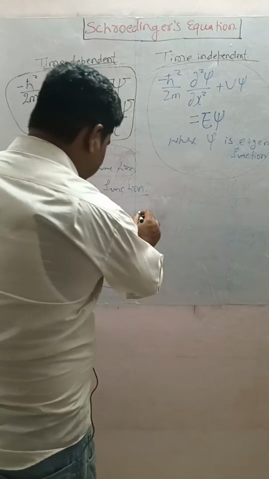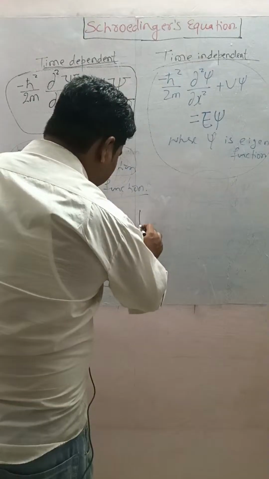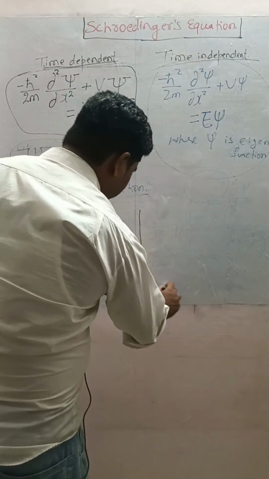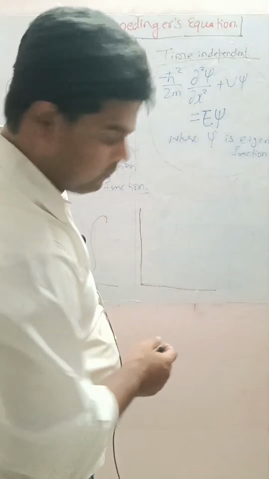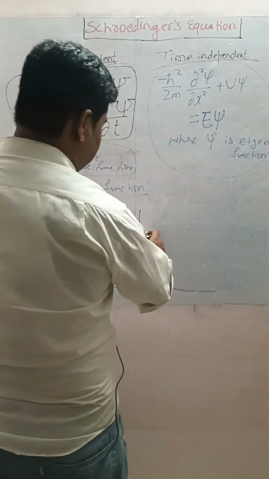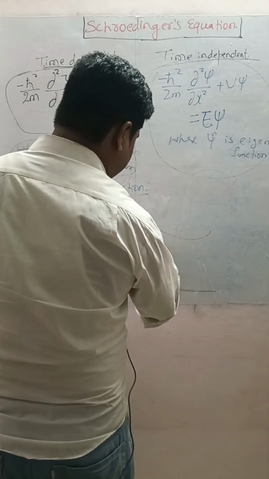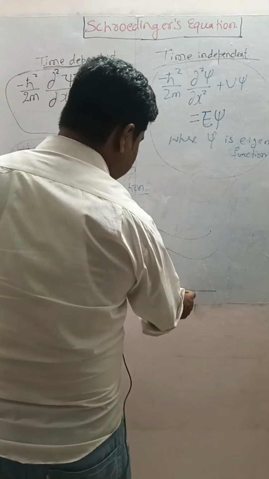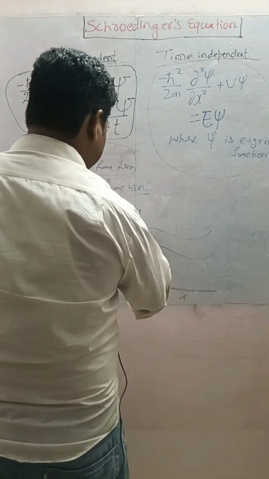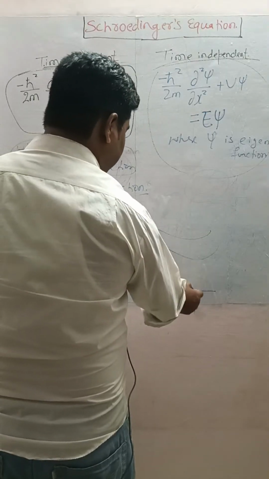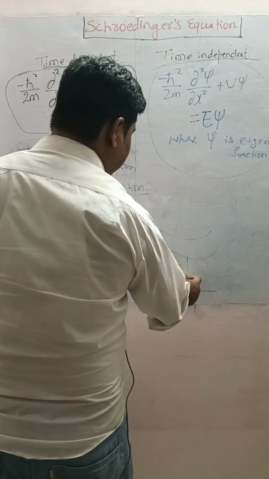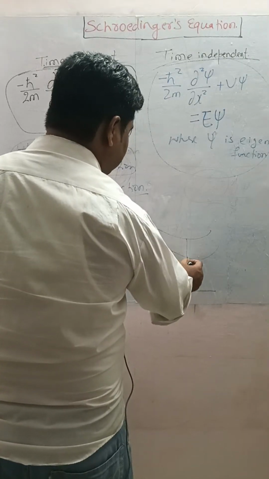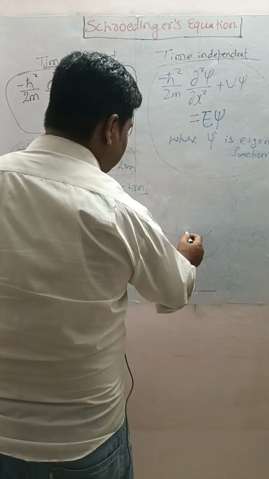Now see here. For single valued, like this, at this point of space of the matter wave, its amplitude has two values, here also, here also.